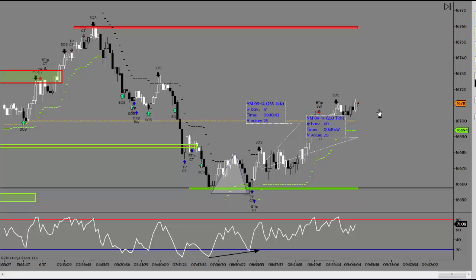We might move sideways here and then make another pop. Exactly. So if I trade only at the DSR majors, my next level of interest is 16,760. In the pre-market we discussed, this is a buy with the underlying trend. If I sell them up here, that's counter to the underlying trend.